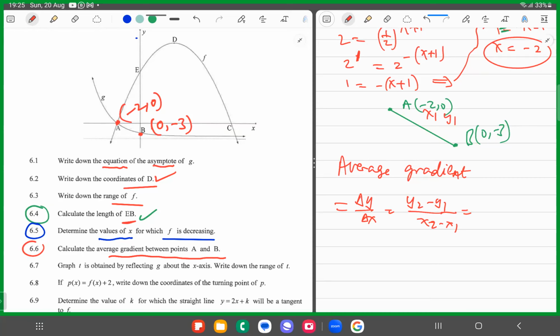So now let's check this. This is x2, y2, and this is x1, y1. What is y2? It is -3. What is y1? It is 0. What is x2? It is 0. And what is x1? It is -2.